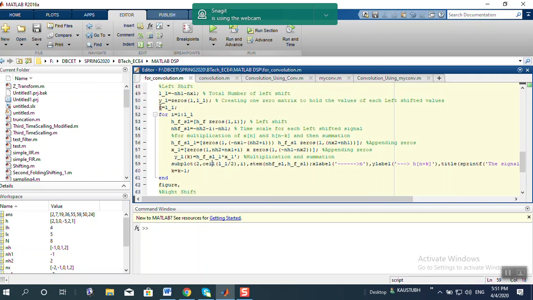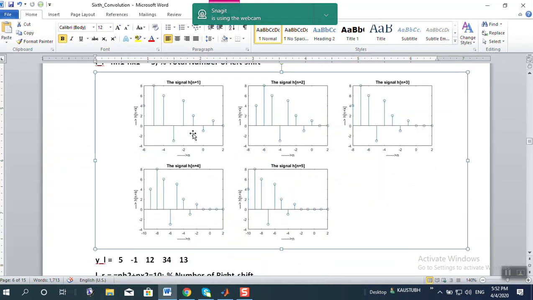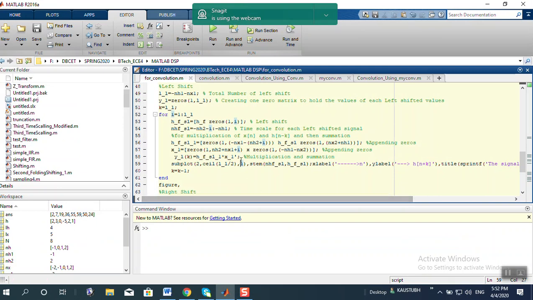In this particular example it is 5, it may be different, so that is why I made it like this, and I is the figure number 1 2 3 4 5. Accordingly you see 2 rows, but right now it is creating 3 columns. If L L is, suppose, 7, then it will create 4 columns, like that, and stem.